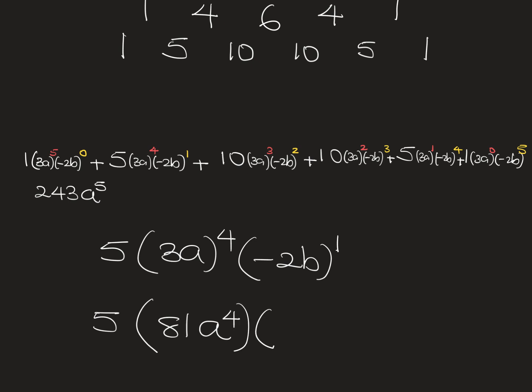Then this whole expression is to the power 1, and we said anything to the power 1 is just the same as that thing. So minus 2b to the power 1 will just be minus 2b.